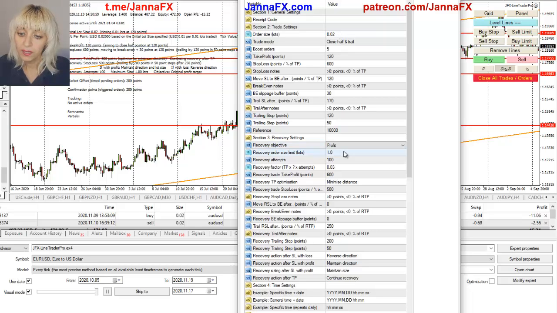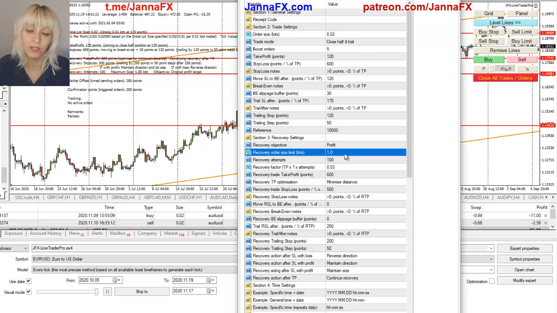So next, recovery order size limit. That's how big you want the lot size to grow. If you don't want to go bigger than one lot, depending on how big you count, then if it has an unsuccessful attempt, another attempt, and it might not even reach one lot but be slightly below, but the next attempt needs to open one lot, it will not do it.